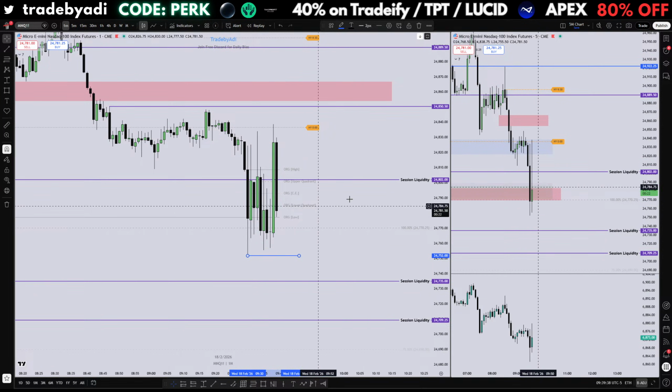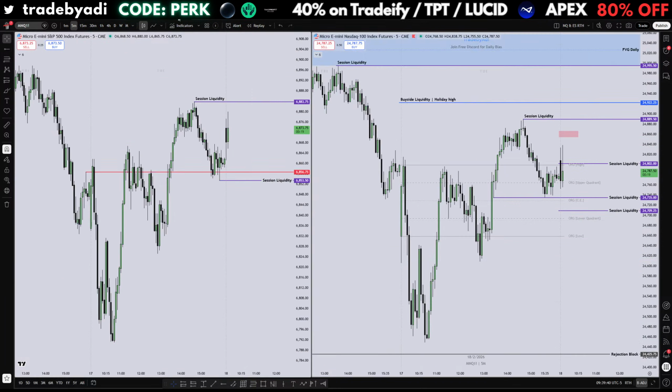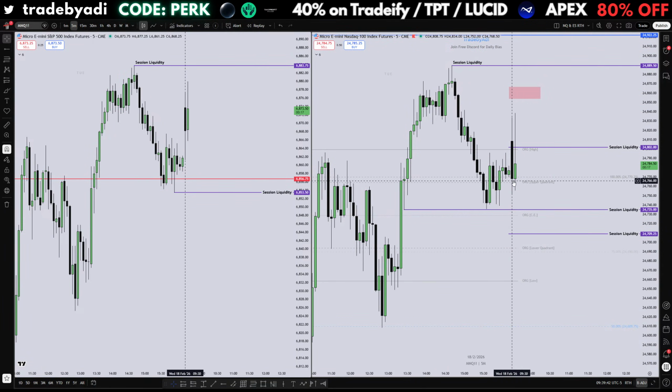And how are you going to trade this market? This is the simplest rule you can follow when you have a low gap: you can ignore this price action completely.